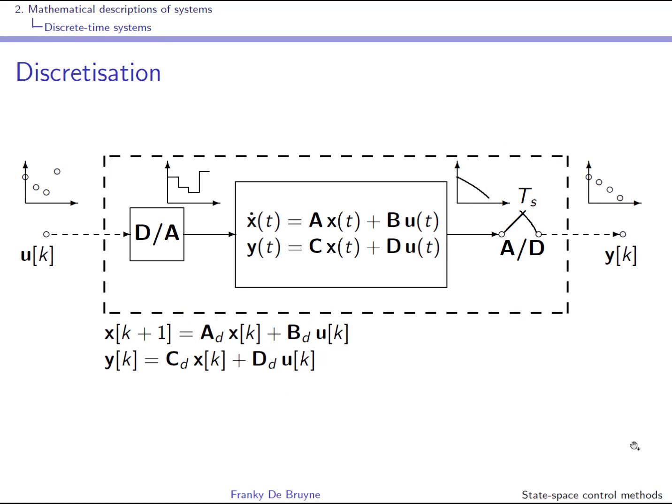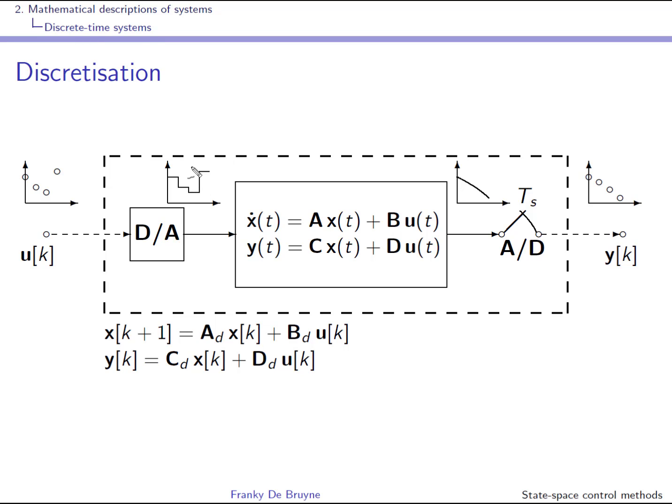So here's a summary of the discretization procedure. So here is our continuous time process. Here is the analog to digital conversion using this sample hold system. And here we have our discrete input. So we have the digital to analog conversion.